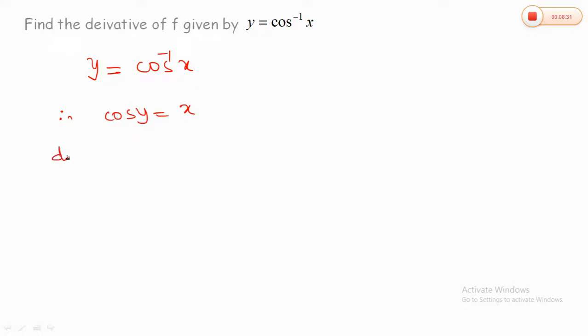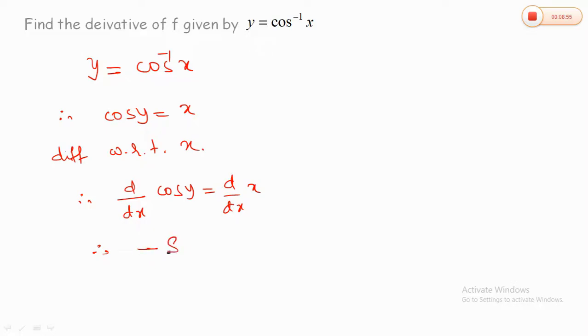Now differentiate with respect to x, therefore dy dx of cos y equal to dy dx of x. Therefore derivative of cos y is minus sin y, times the derivative of y, dy upon dx, and this equals 1.